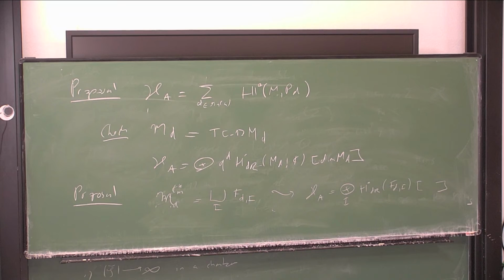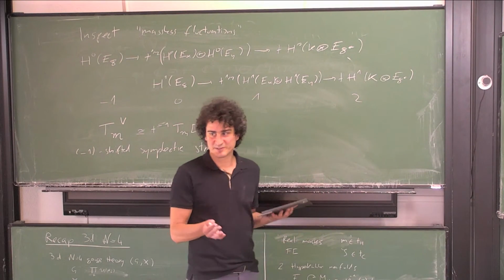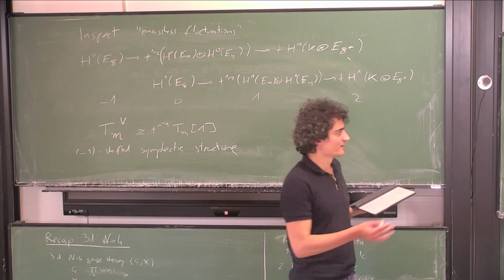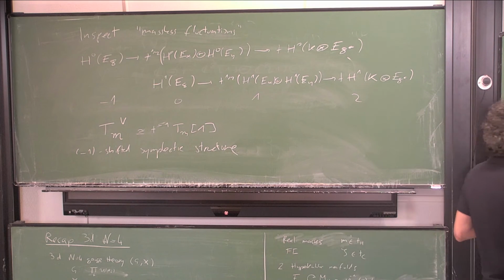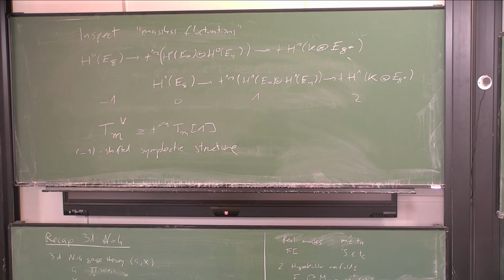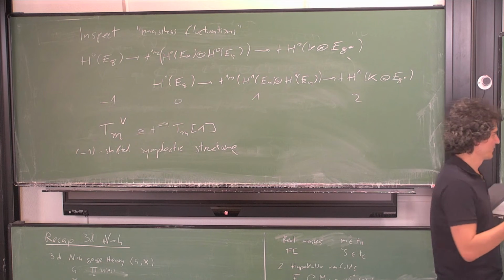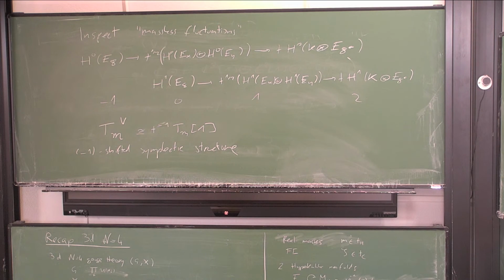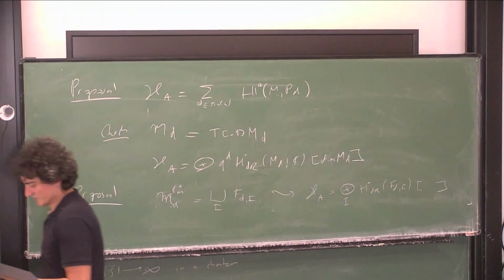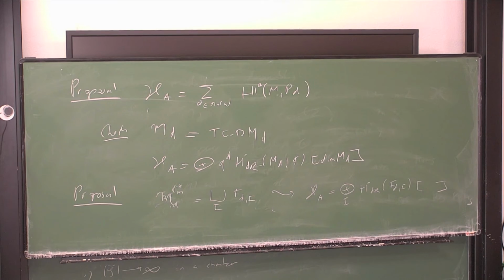Under our assumptions, the fixed loci can be described in terms of products of symmetric products of the curve. This is because the associated bundles split into line bundles, and so the vortex equations are abelianized, and then you can write down the solutions in terms of symmetric products of the curve.